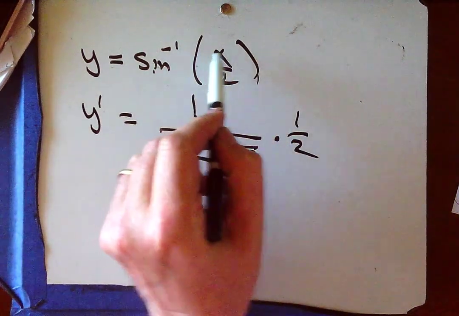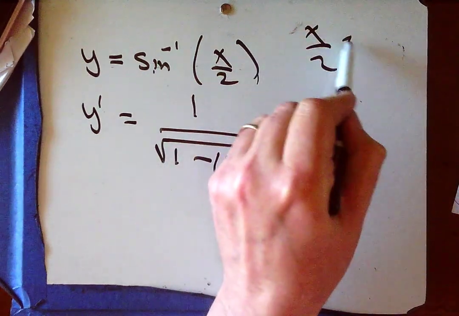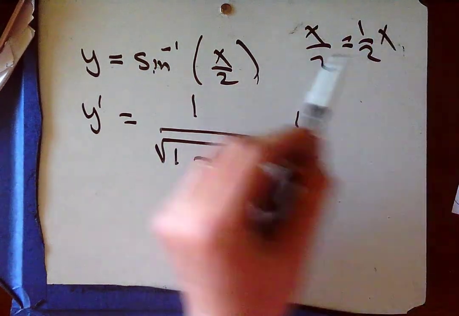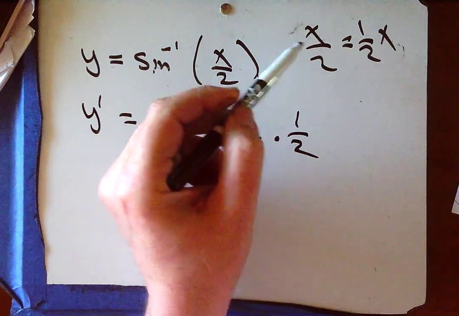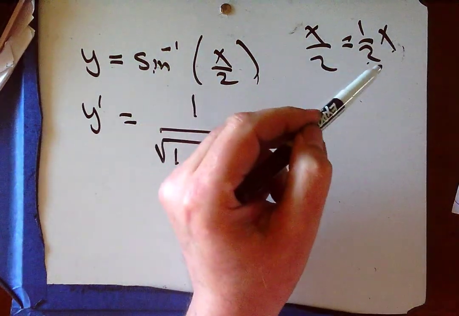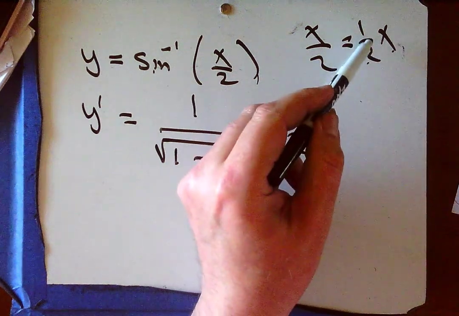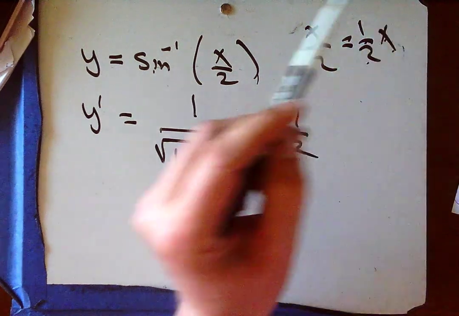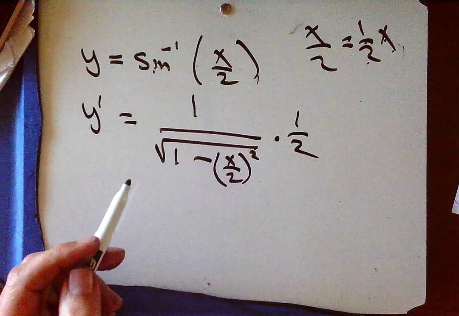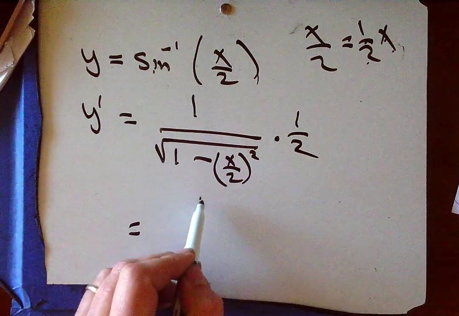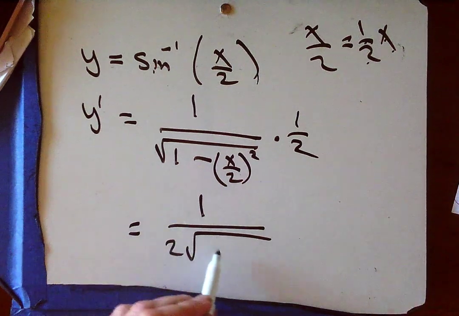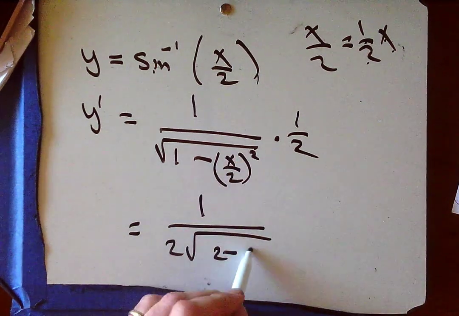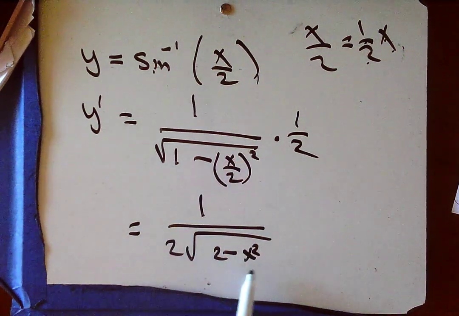The derivative of, remember that x over 2 is really just 1/2 x. Please don't use the quotient rule here. So many students do. It's just a constant times x. So my derivative is just going to be that constant times the derivative of this. All right, and for tidiness, I'm going to do something here.